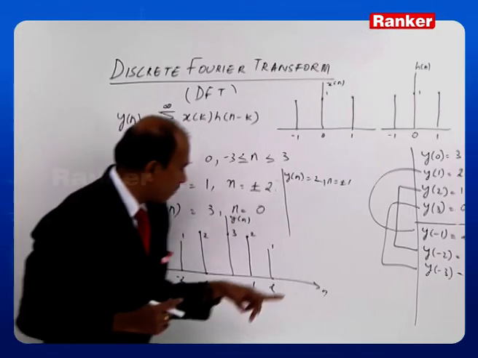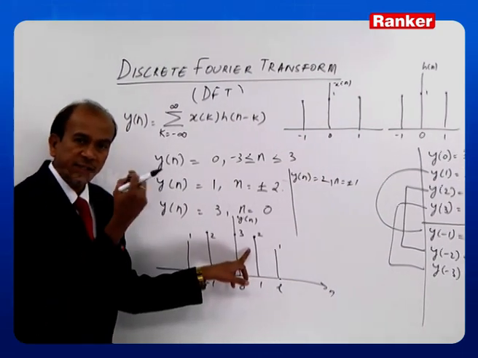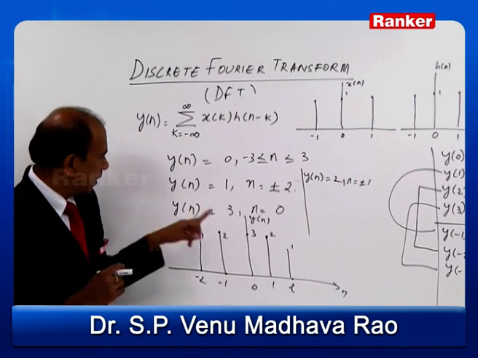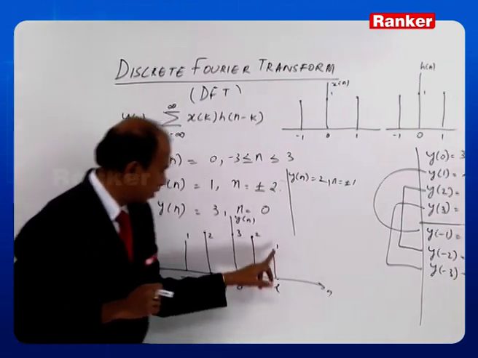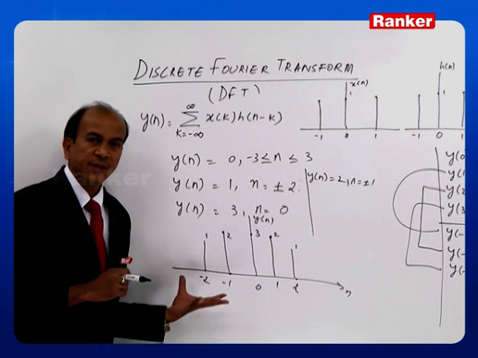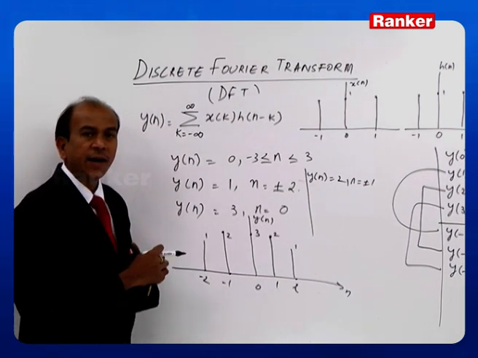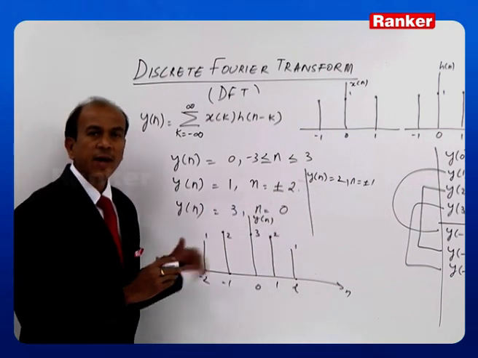For n equal to 1, it has a weighting factor of 2, and for n equal to 2, it has a weighting factor of 1. Similarly, it exists on both sides. So this is the convolution of the given functions x of n and h of n. This is how it looks like.